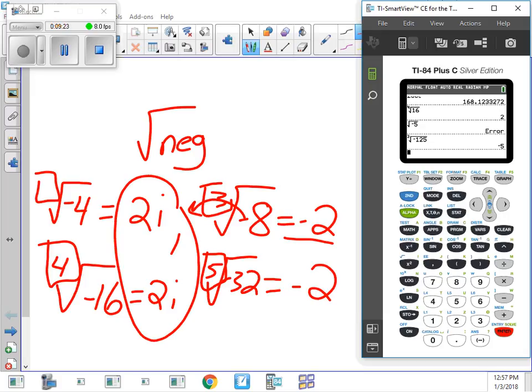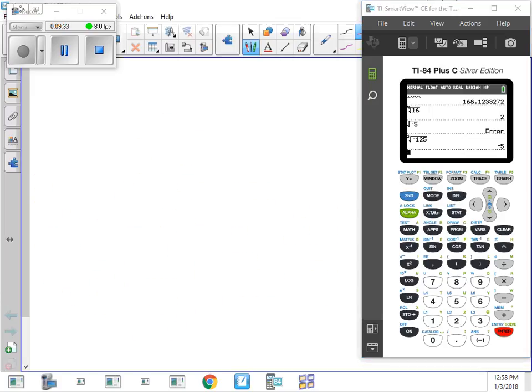So numbers 11 through 16 need to be converted into radical form and then simplified. So if I had 81 raised to the 3/4, what would that be in radical form?